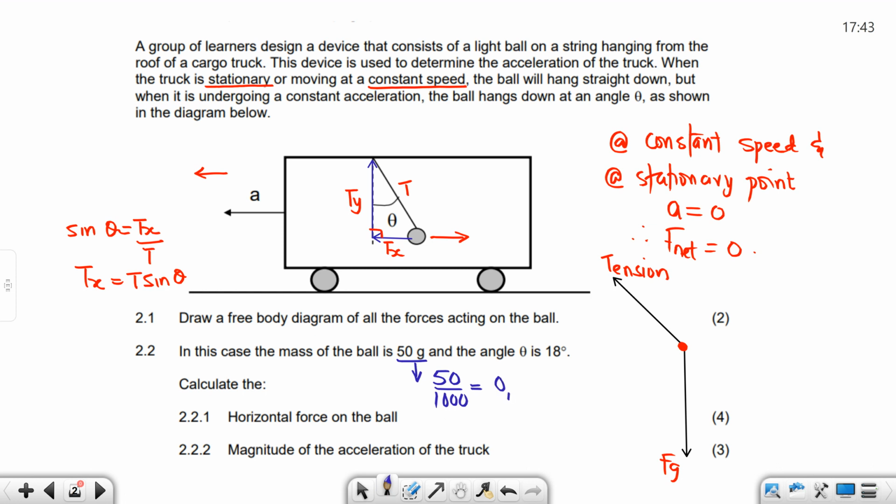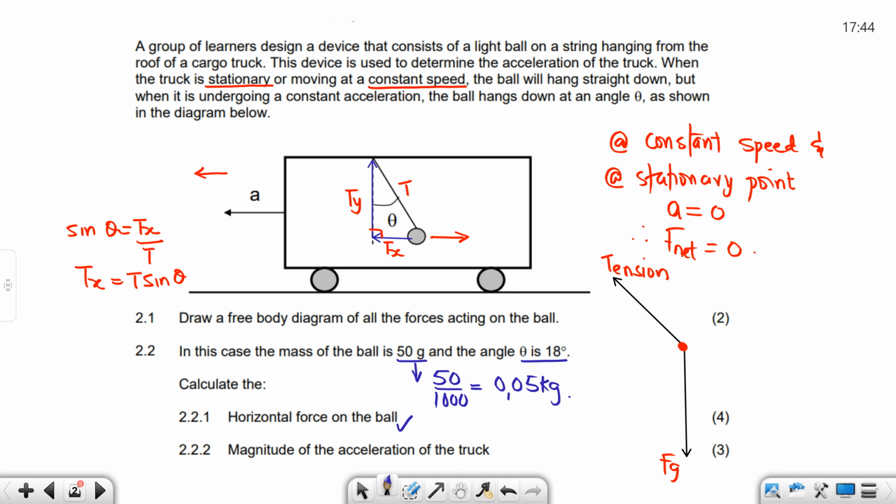And this becomes 0.05 what? Kg. Okay. Now, we also know the angle. Angle is what? 18. The question says, first one, calculate the horizontal force on the ball.